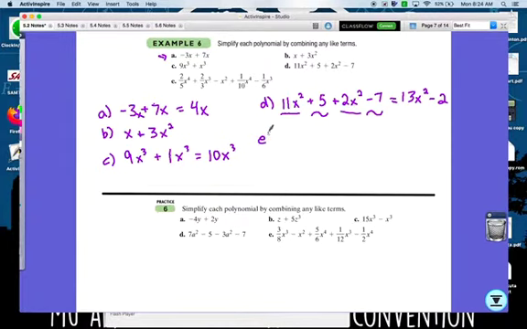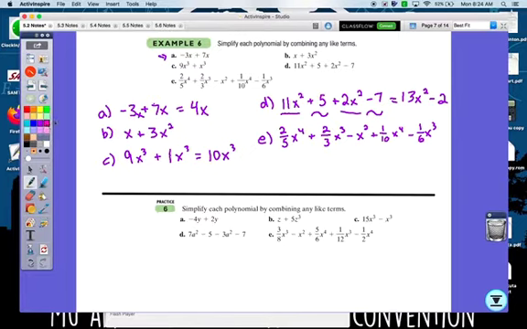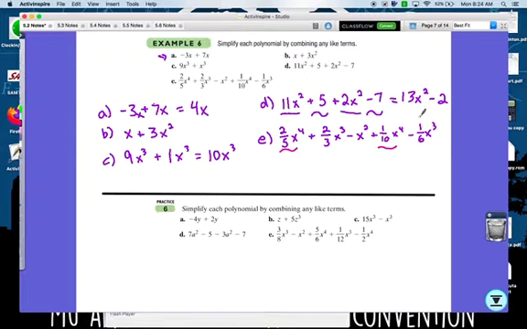All right, E. They got to throw fractions in there on us. 2/5 x to the 4th plus 2/3 x to the 3rd minus x squared plus 1/10 x to the 4th minus 1/6 x to the 3rd. All right, so let's see what we can combine. I've got 2/5 and I've got a 1/10, both with x to the 4th, so I need to combine those two.